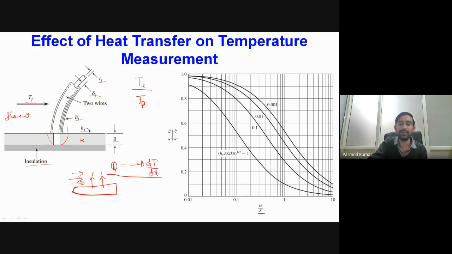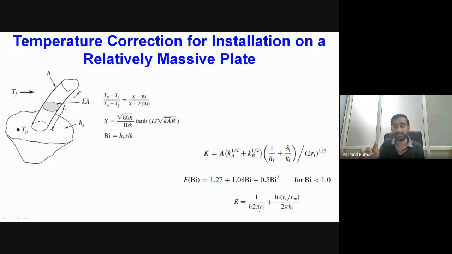Capital K, which I have given in the next slide, is A times the square root of Ka plus the square root of Kb, where A is the effective cross-sectional area of the thermocouple wire. Ka and Kb refer to the two different wire materials. When we use thermocouples, the materials of the two thermocouple wires will be different.